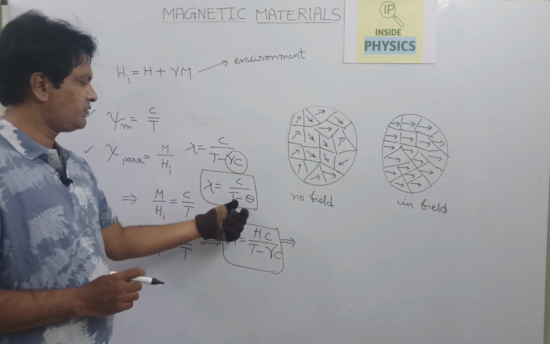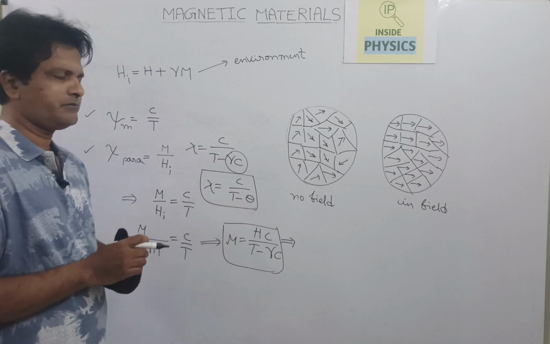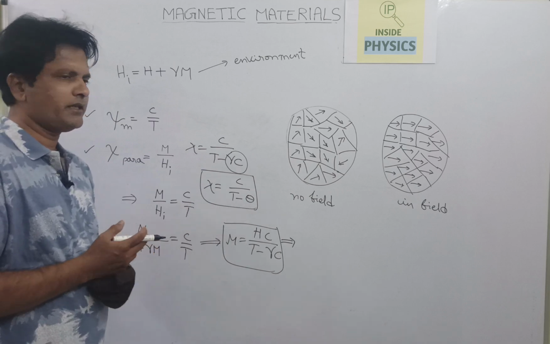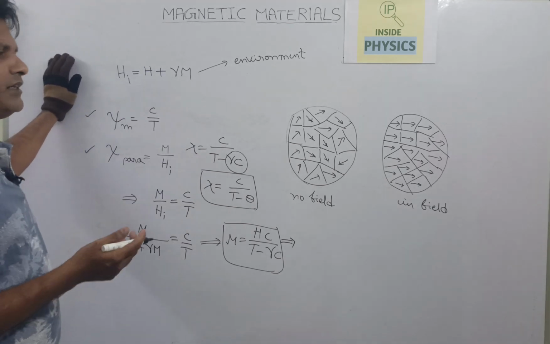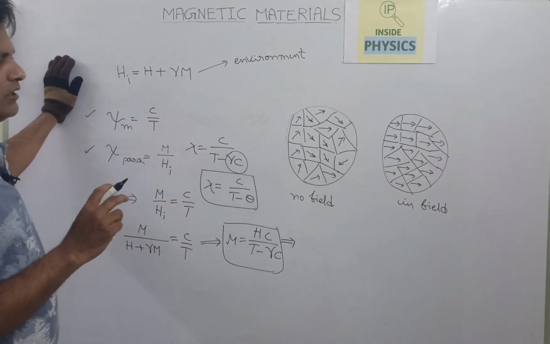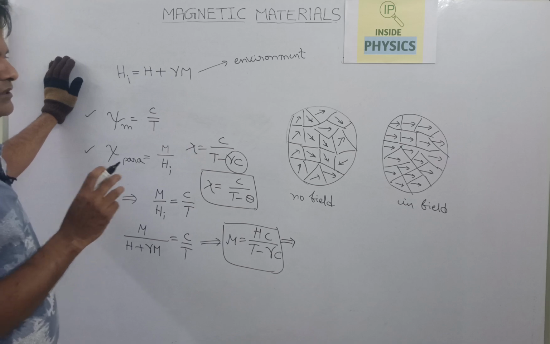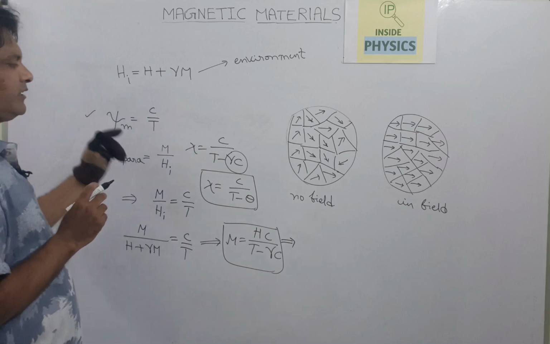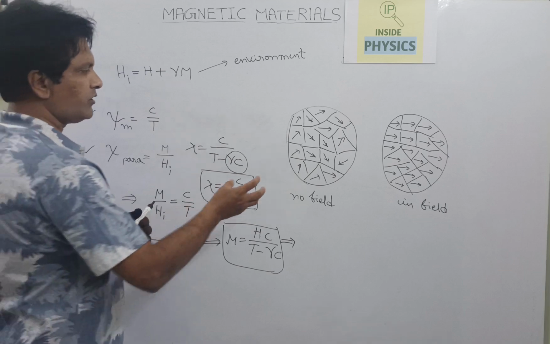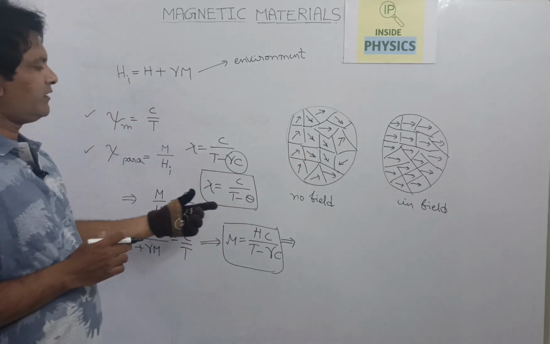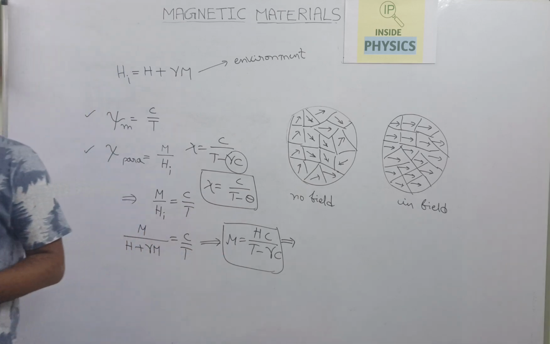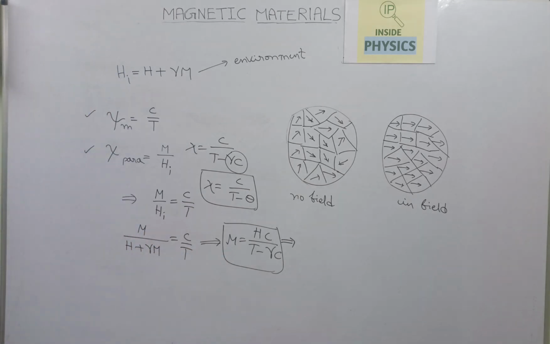If T is equal to theta, the spontaneous magnetization and the susceptibility become infinite, so all the dipoles inside the ferromagnetic material show 100% saturation magnetization. The susceptibility moves to infinity, and the magnetization also moves to infinity.